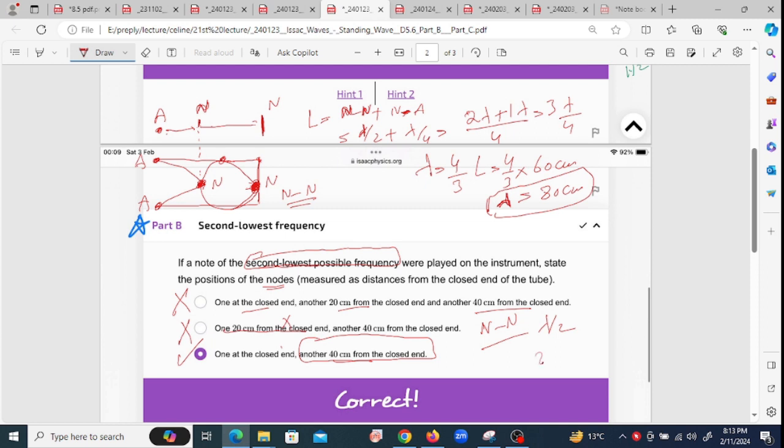Our wavelength is 80 centimeters, so we divide by 2 and get 40 centimeters. So the first node is at the close end, and the other is 40 centimeter from here.